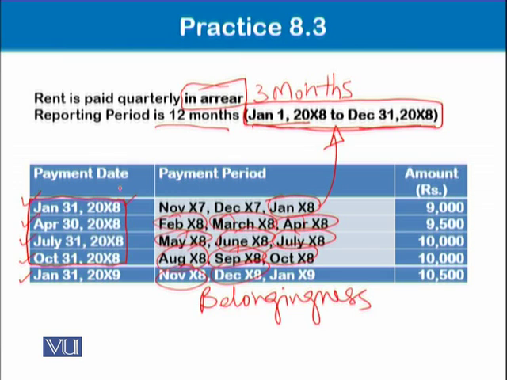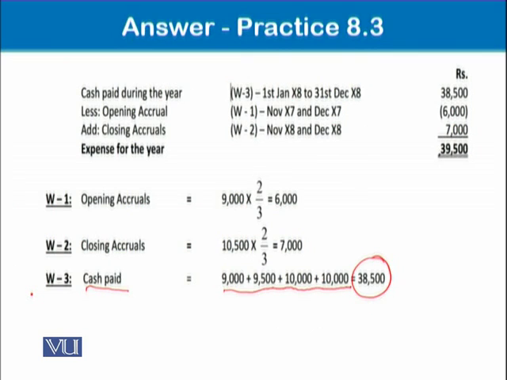During 2008, we paid this much. This we are paying in the year 2000X9, next year. Well, now come forward. So 38,500 we paid during 2000X8.